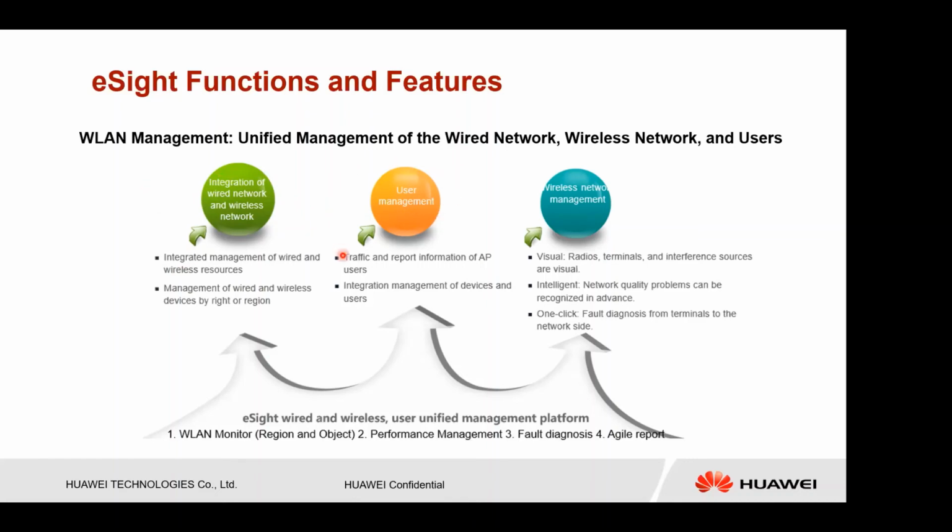You can have the traffic and report information based on the AP or maybe based on the SSID as well. And for this wireless network management, you can see the visual of the radio, terminal, and interface sources. And also it has the one-click features where you can use to diagnose the fault from the terminal to the network side.